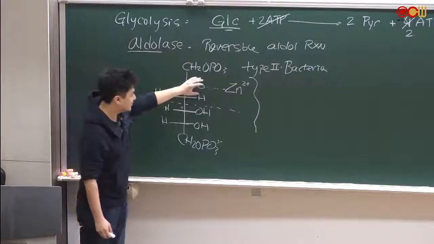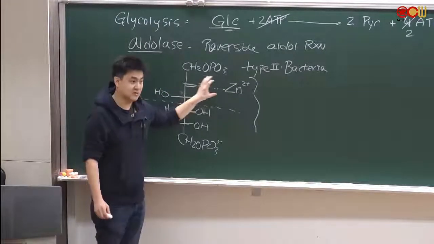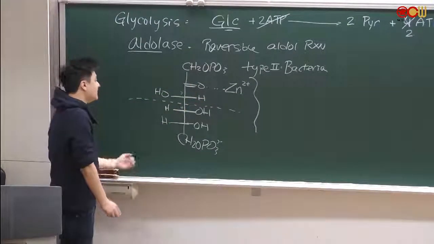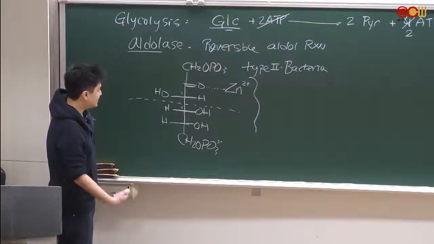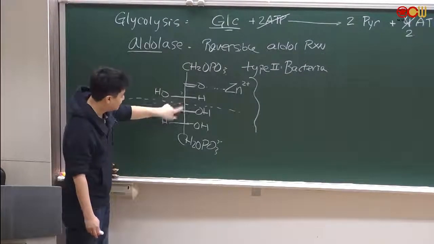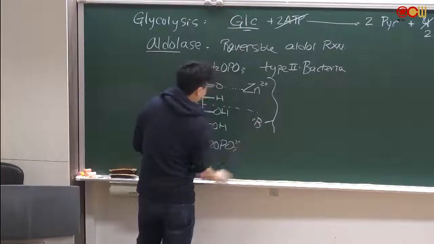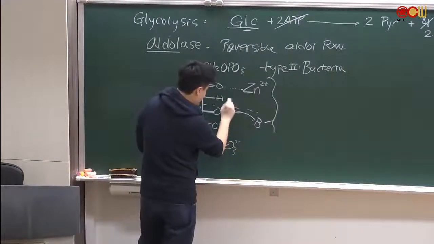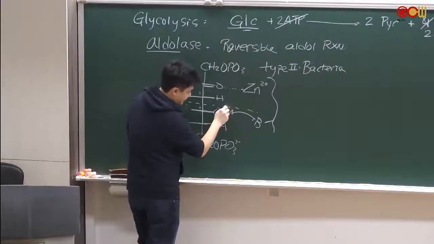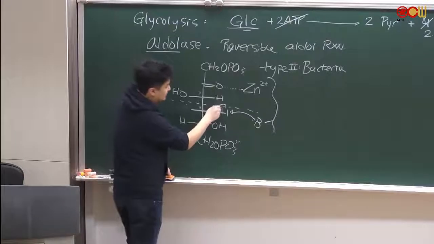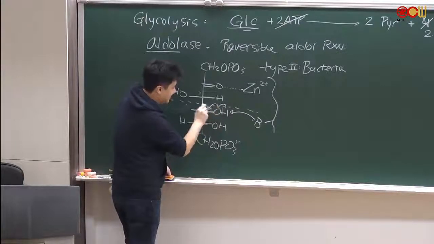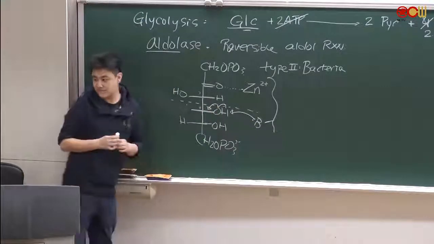So obviously you have some kind of stabilization here, electrostatic interaction. Now, I'm very interested in somehow getting rid of this bond, okay? So it turns out you have a general base. It's going to pull this proton away such that the electrons are going to jump to the oxygen, okay? Once it jumps to the oxygen, it forms a carbonyl right here, okay?